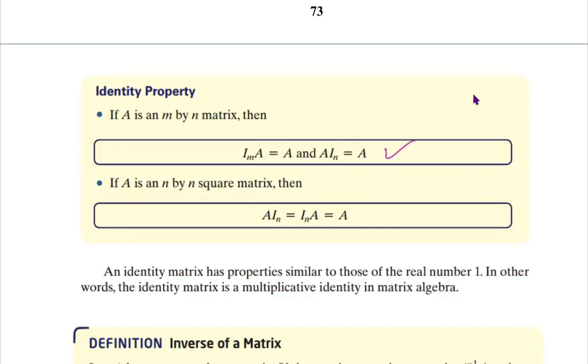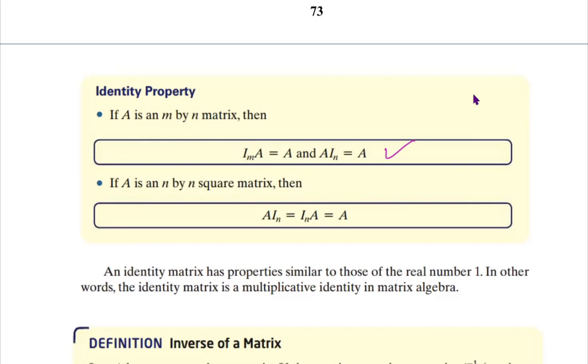So I times A, if the multiplication is possible, meaning the number of columns of the first matrix is the same as the number of rows of the second matrix. If one of the two matrices is I, the answer will be the other matrix.